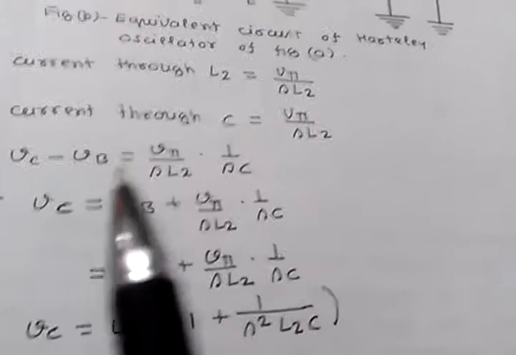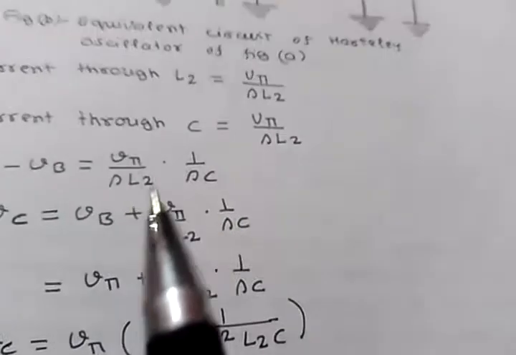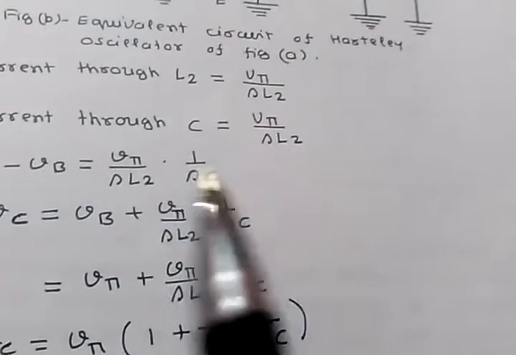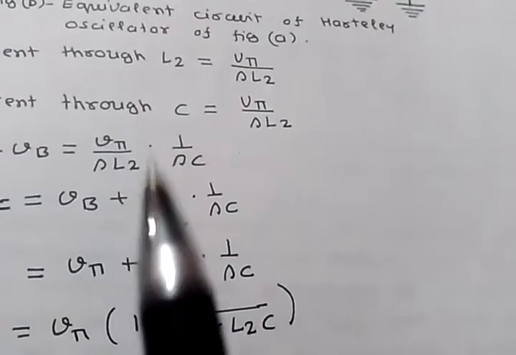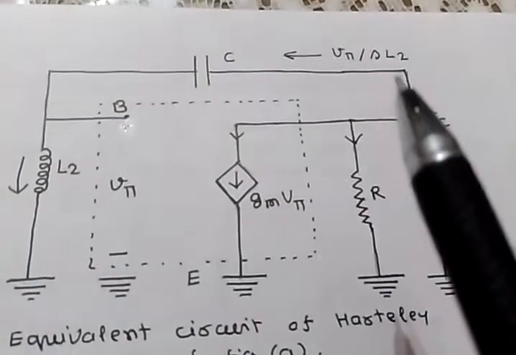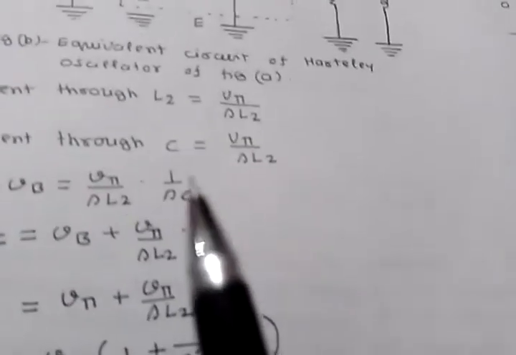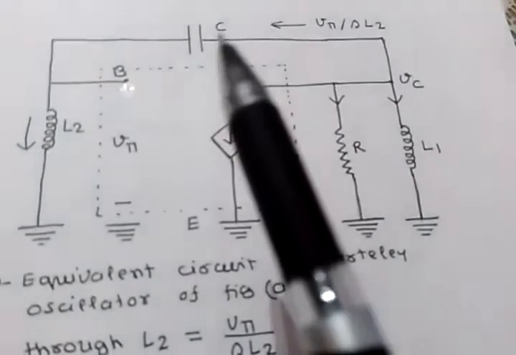VC minus VB equals V pi upon SL2 into 1 upon SC. V pi upon SL2 is the current through this capacitor, and 1 upon SC is the impedance of this capacitor.